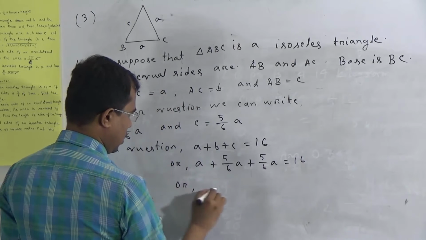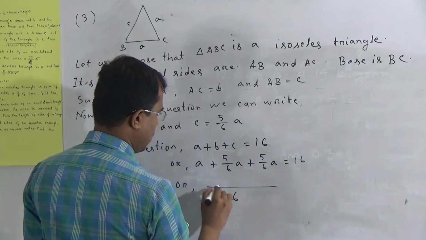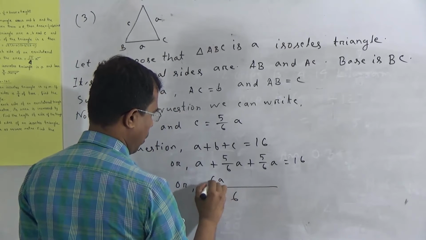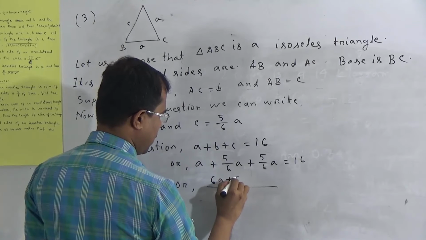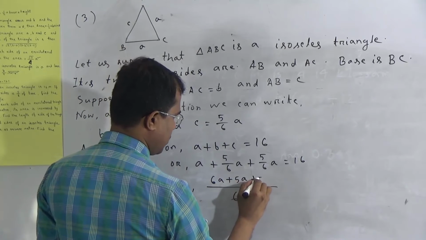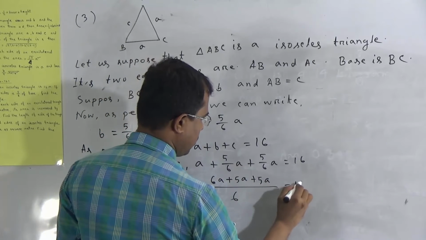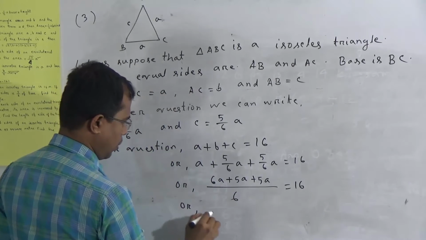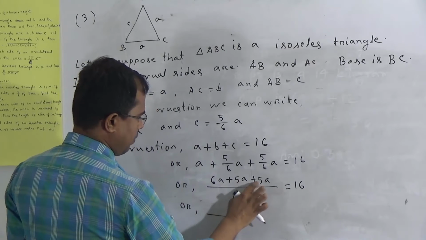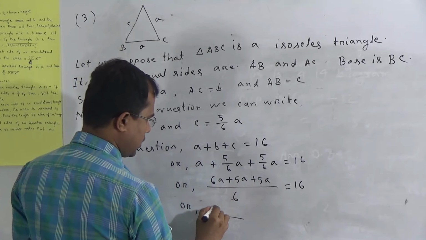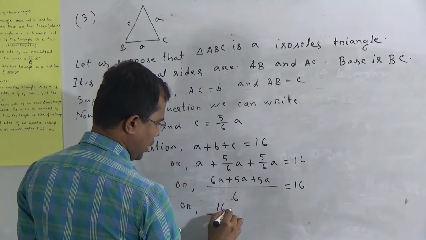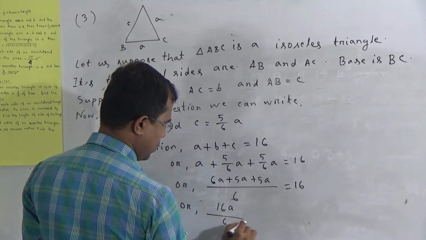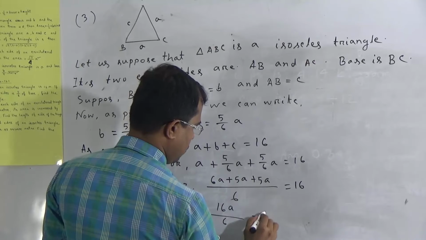Here LCM will be 6. Now 6A plus 5A plus 5A is equal to 16. 5A plus 5A is 10A, 10A plus 6A equal to 16A. 16A by 6 is equal to 16.